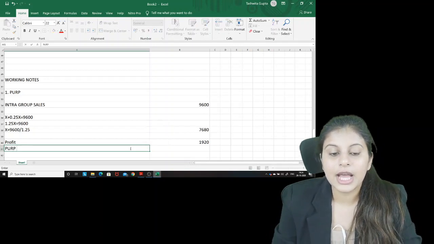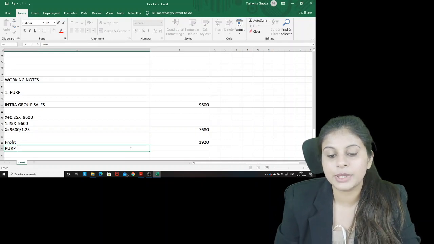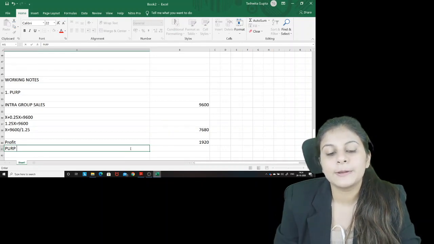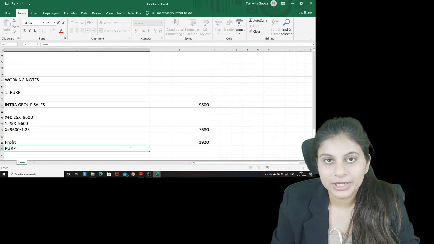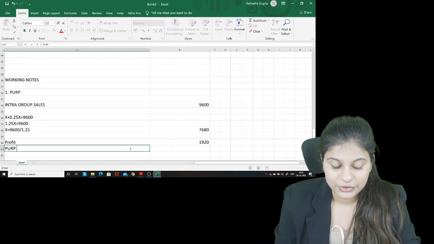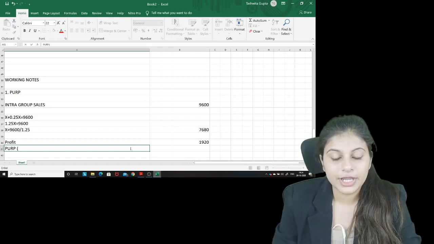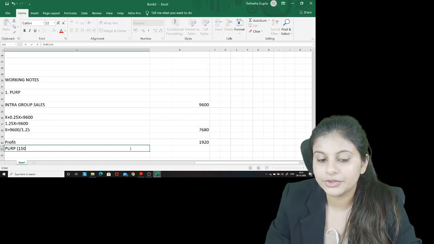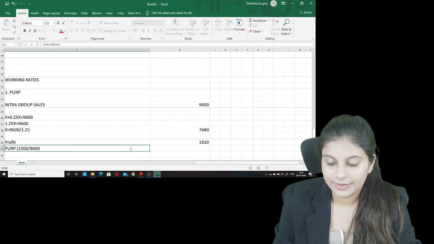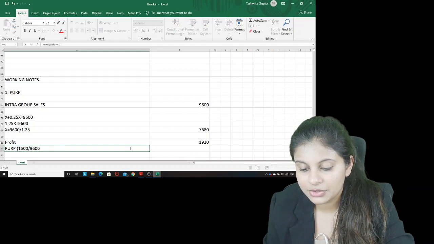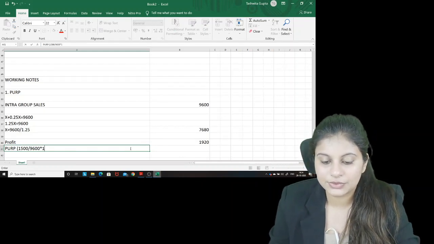Now they're saying out of the 9600 of the sales which we've made, only 1.5 million is remaining, that is 1500 is remaining. So that means only how much is the unrealized profit? It is 1500 divided by 9600 into how much?